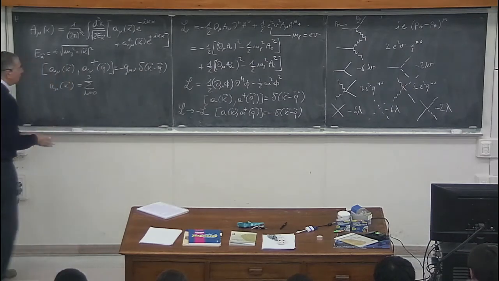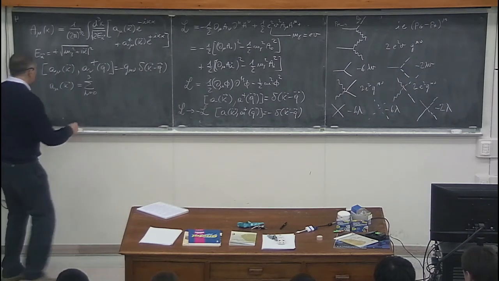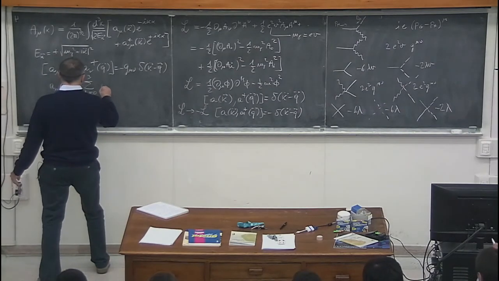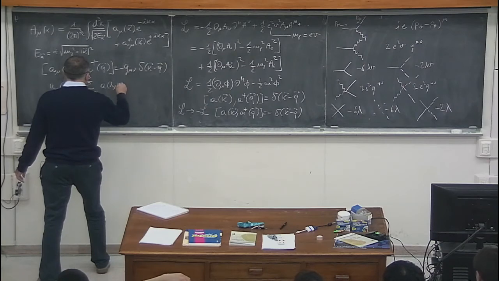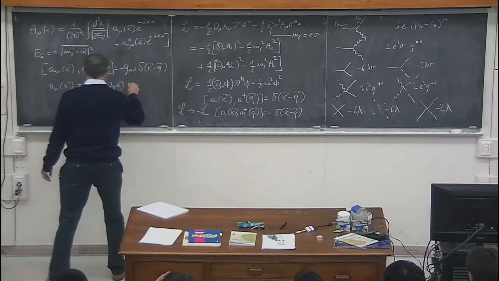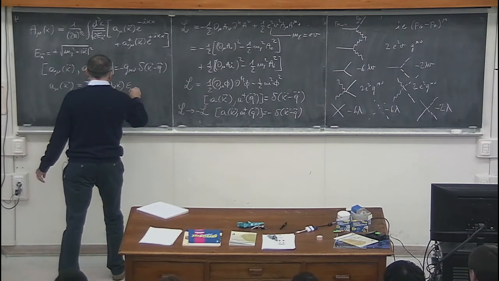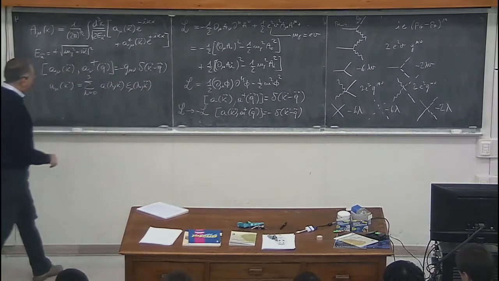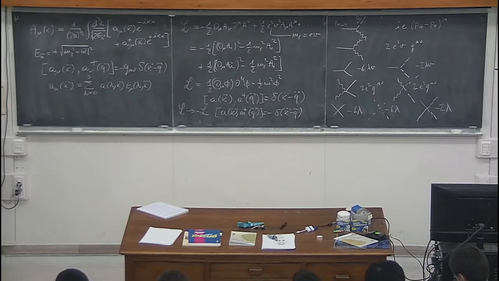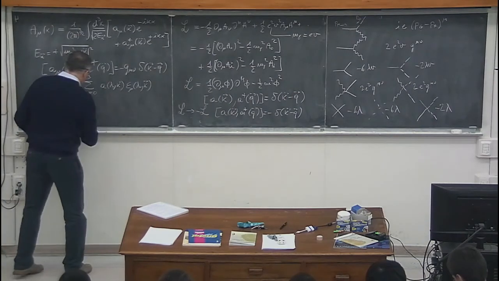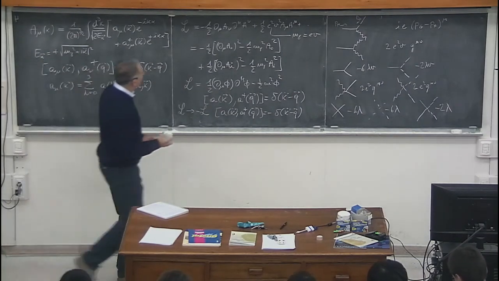There are 4 different directions in the space, a function of lambda and k times a polarization vector, which I call epsilon mu, a function of lambda and of k. And I can choose the polarization vector like this.